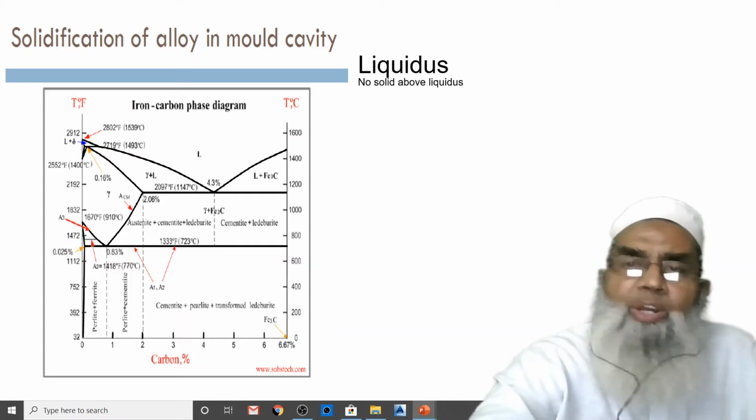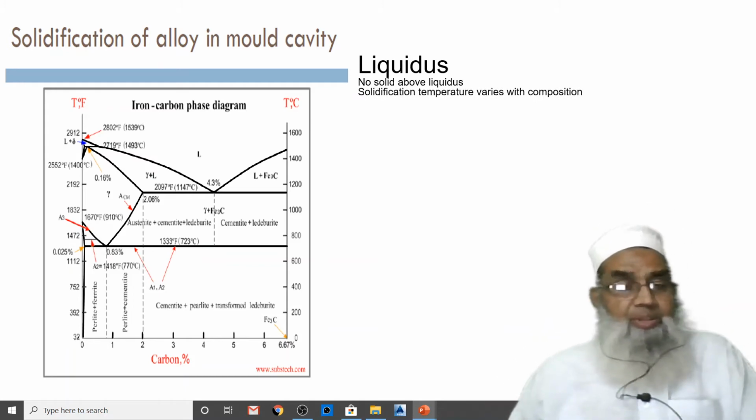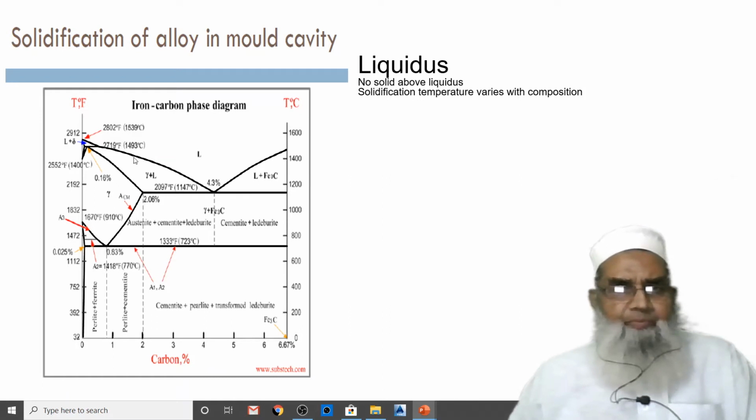However, below this, the solidification temperature varies. One very important thing to look into in the liquidus is that the solidification temperature at this composition is different than the solidification temperature at this particular point, and therefore they are varying.